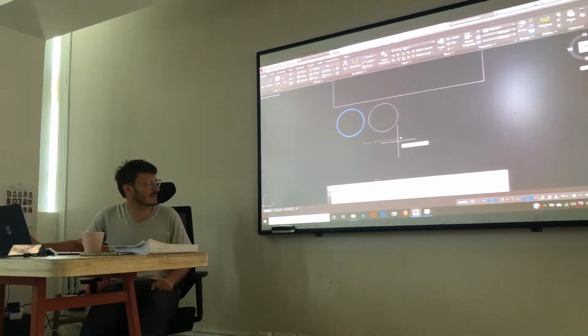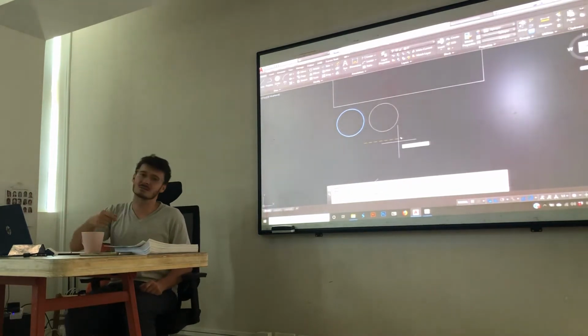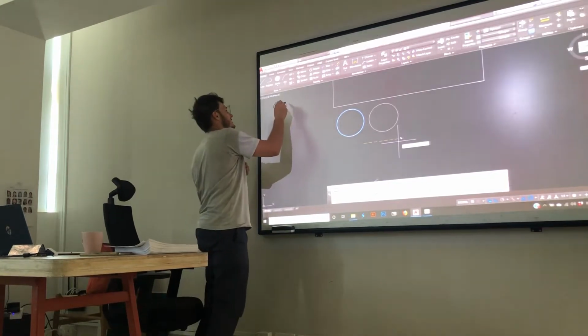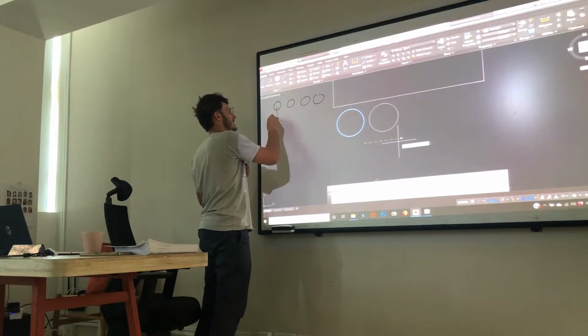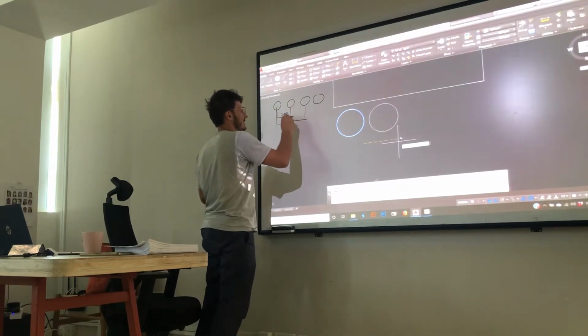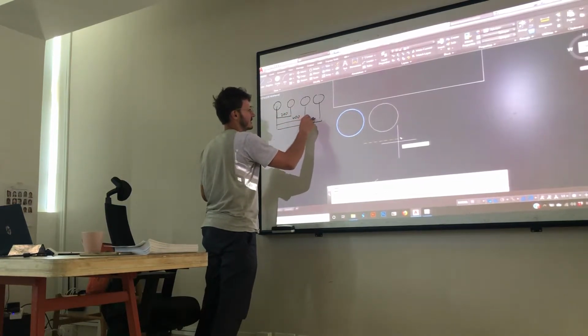The 200 was a good measure because it was easy to guess the next one. Center, center, center, center. From the first one to the second one was 200, then 400, etc. Yes?